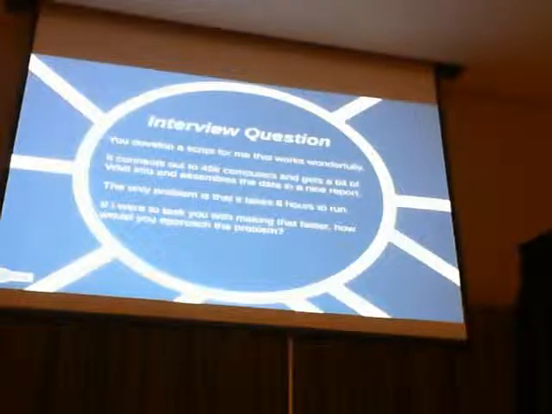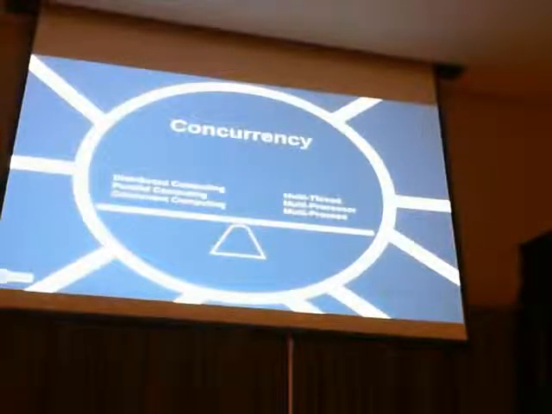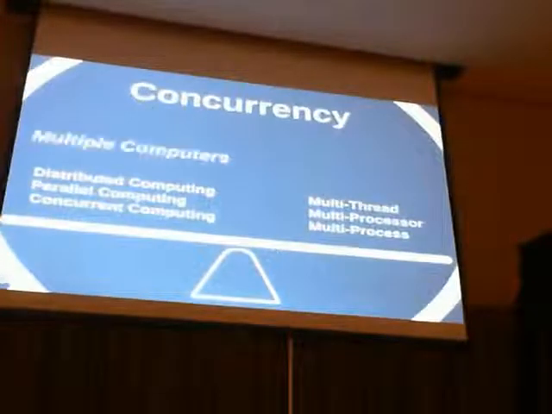There's 2 ways that you can look at this problem. Both sides of it are all about concurrency. It's all about running it multiple times or running it in parallel. That's what this talk is about. On the left-hand side, we've got distributed computing, parallel computing, and concurrent computing, which are all synonyms, actually.